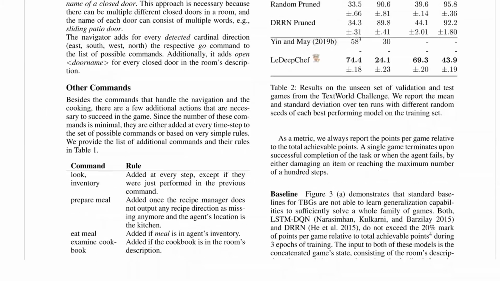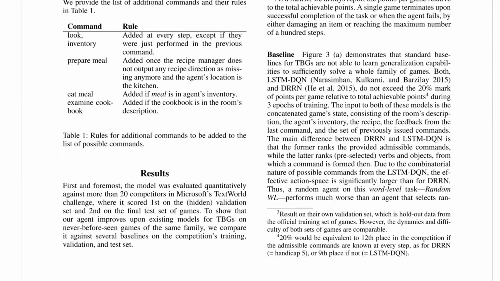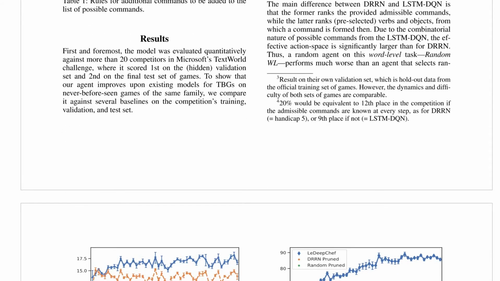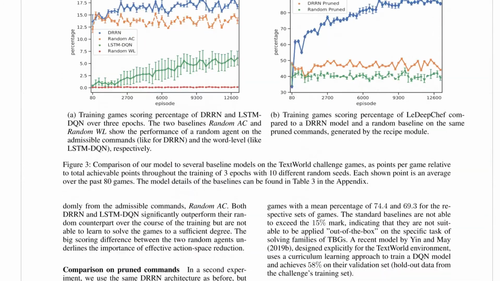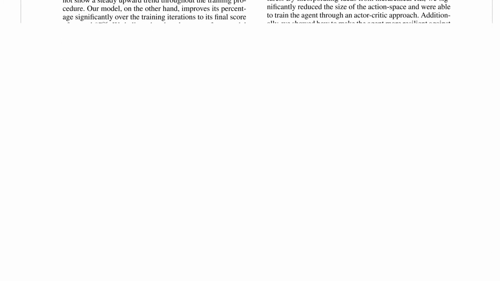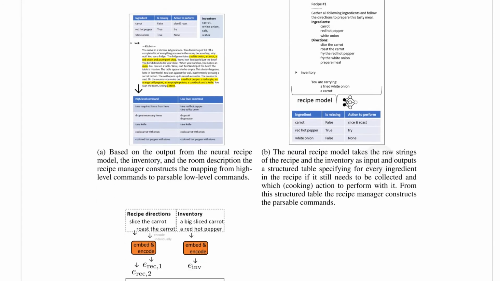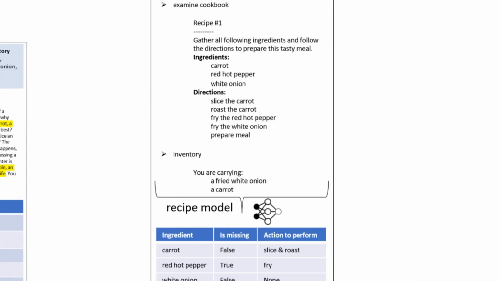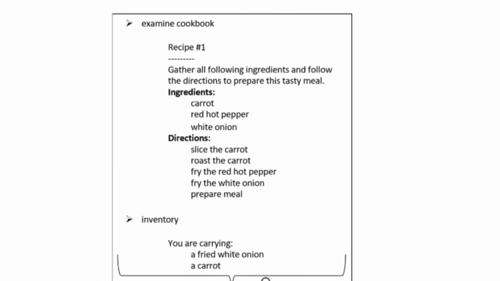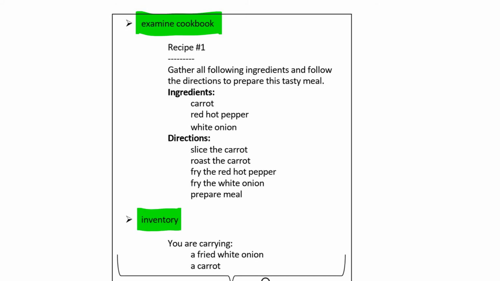All right. So one of the core ingredients actually is this recipe manager. And the recipe manager is a submodel that does the following. It takes as an input the cookbook here, and it also takes as an input the inventory.